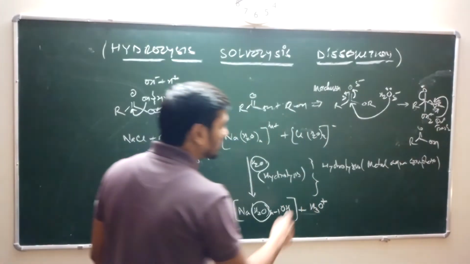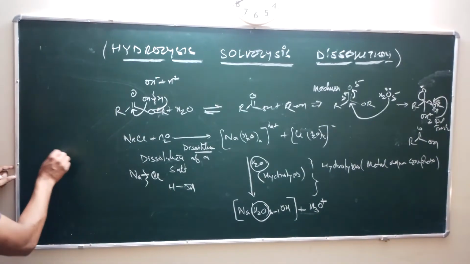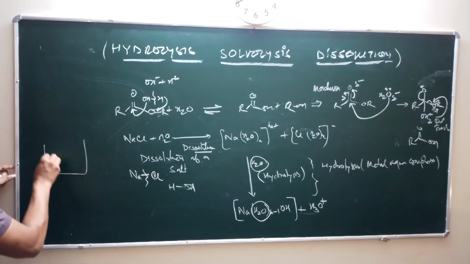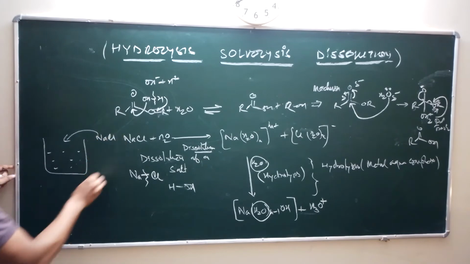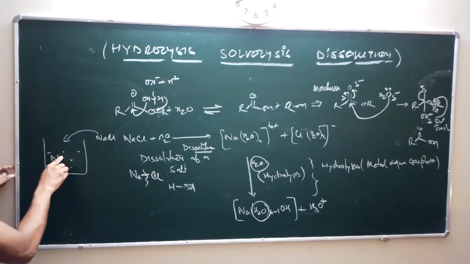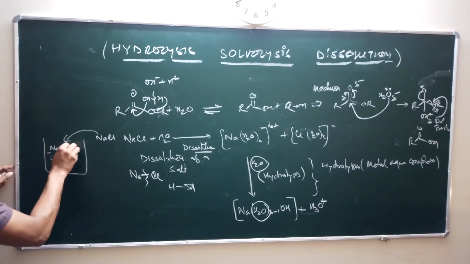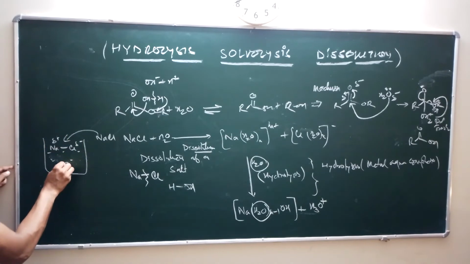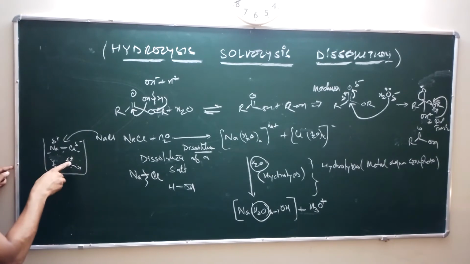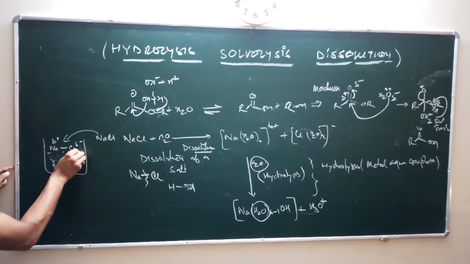And in this process, what happens? You might have heard in inorganic chemistry that when there is a beaker filled with water and you add NaCl, what happens? Na plus and Cl minus. This is negatively charged, this is positively charged. There is a water molecule, there is an H, there is an H, this is a positive charge, and this is a negative charge.